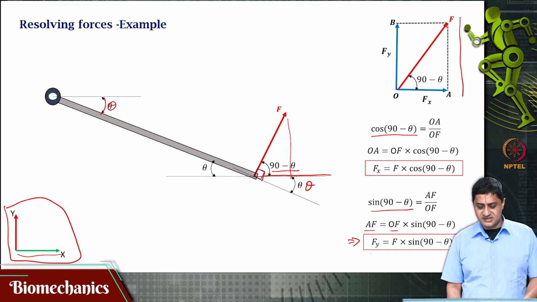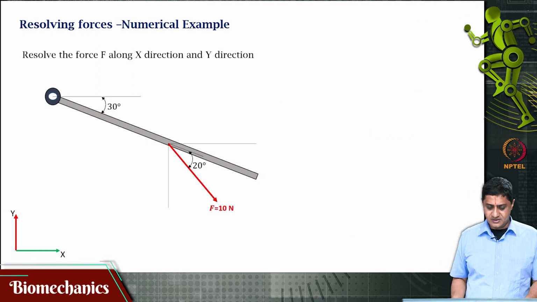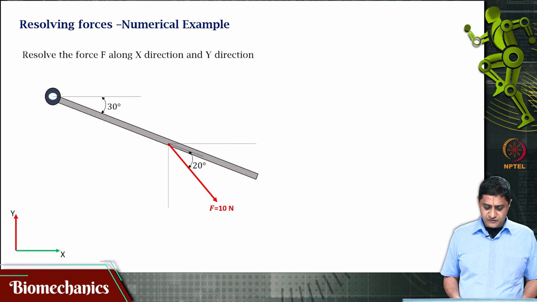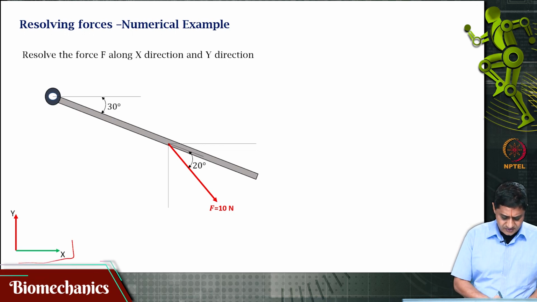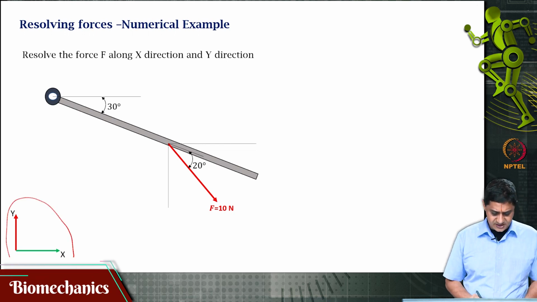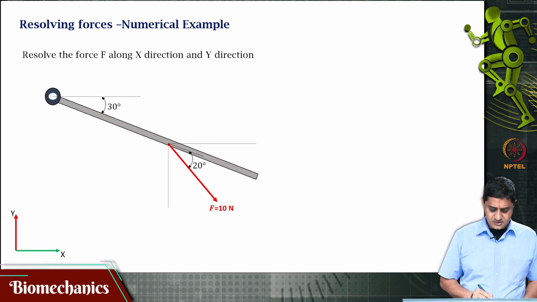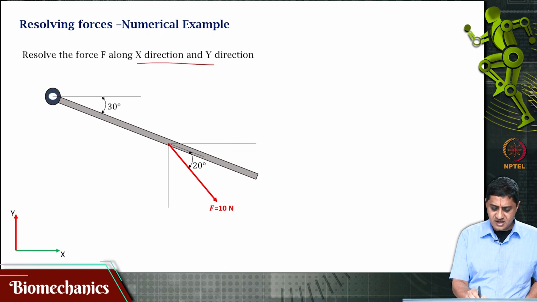Let us look at one more example. The question is, resolve the force F along the x direction and y direction. How would you solve this problem? The directions are given.